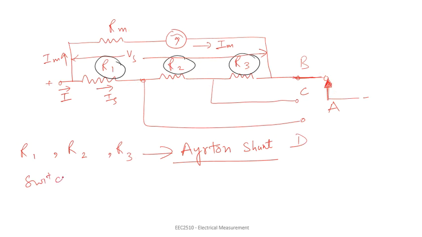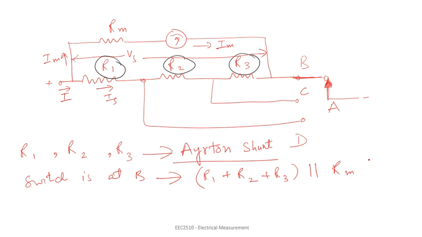Let us write it down: when the switch is at B, the total resistance, R1 plus R2 plus R3, will be in parallel with Rm. This constitutes the shunt resistance, that is all three resistances will be connected in series if the switch is at position B. So all these three will be in parallel with Rm.